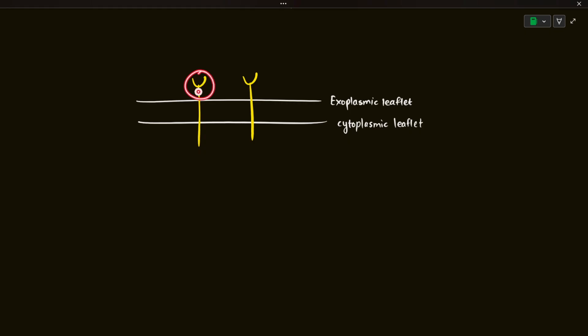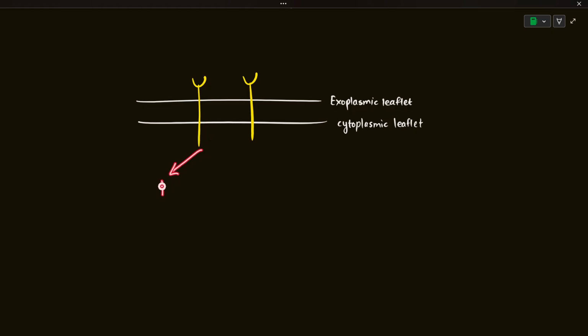The extracellular domain is the one which is going to receive the signal, and it is going to change conformation. Whatever conformational changes are made due to the extracellular signaling molecule attaching to the extracellular domain, the transmembrane domain will also have some conformational change, and that will be mirrored in the intracellular domain. So what is the job of the intracellular domain?